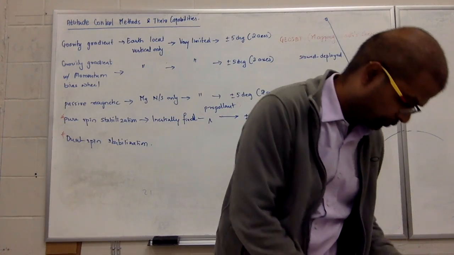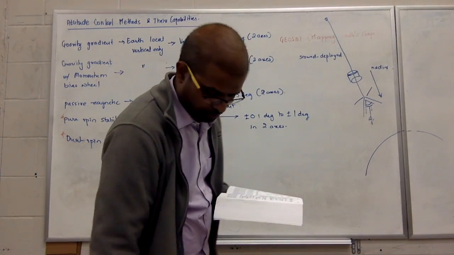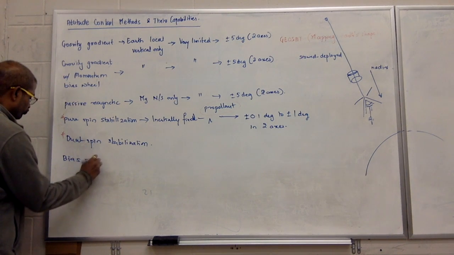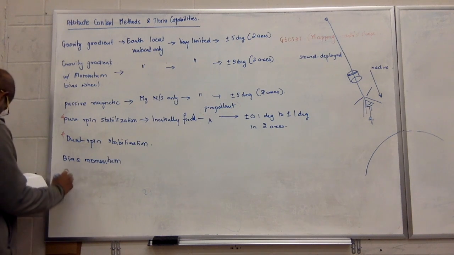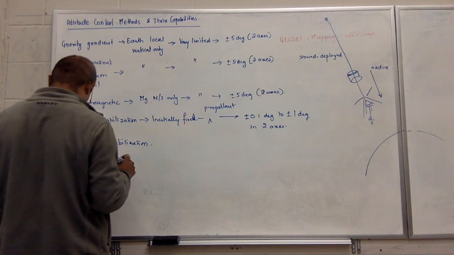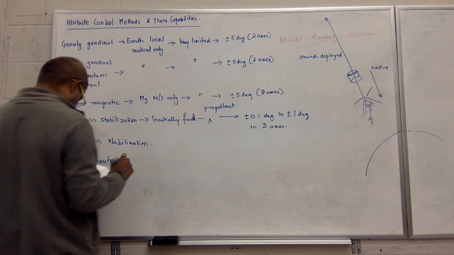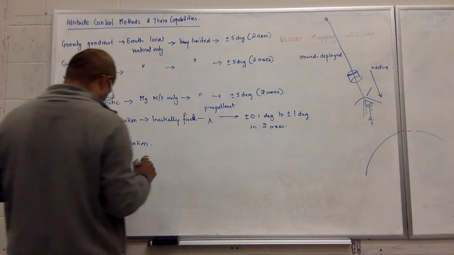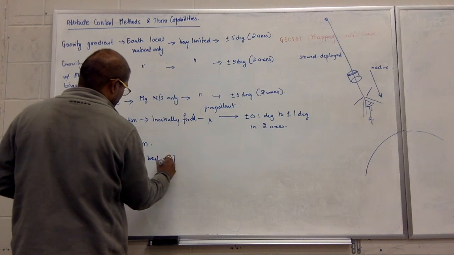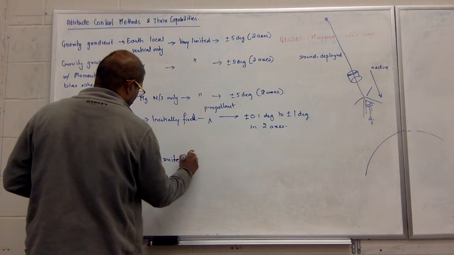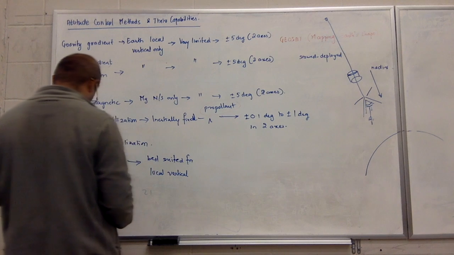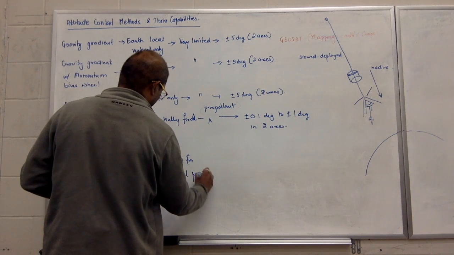So we'll talk about bias momentum. Here, it is best suited for local vertical pointing.